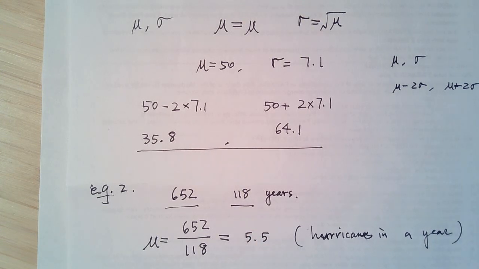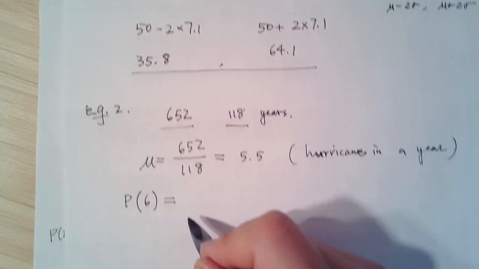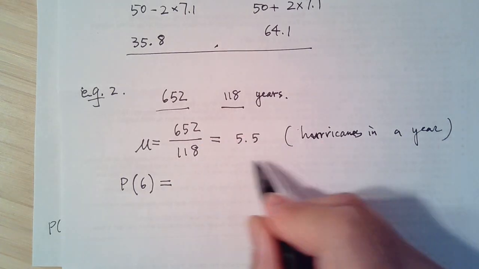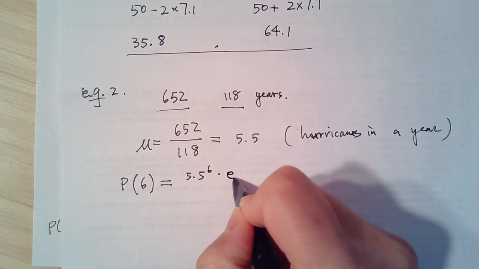Now, in a randomly selected year, what is the probability that there are exactly 6 hurricanes? Can you find P of x? Do you remember the formula? Mu to the x, where mu is 5.5, so 5.5 to the 6, and then e to negative mu, so e to negative 5.5, divided by 6 factorial.